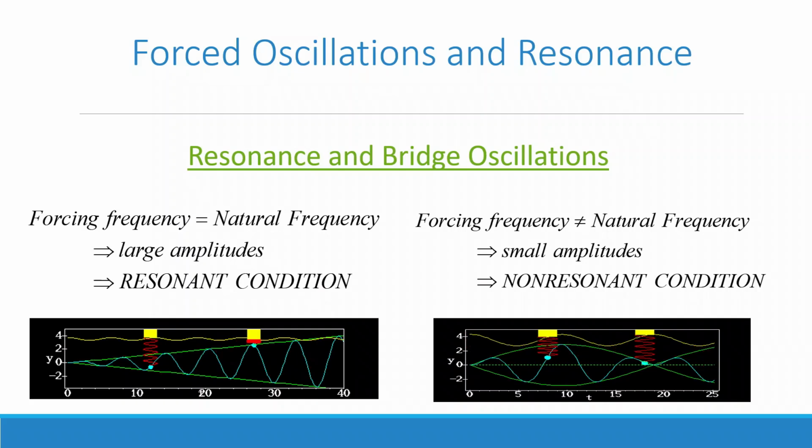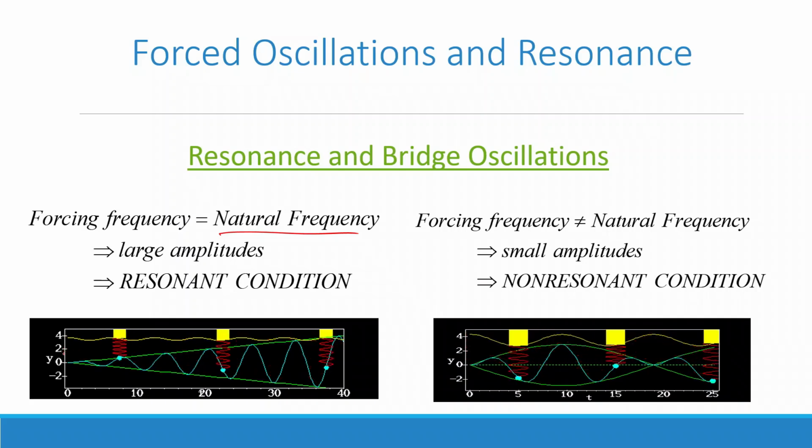If there is some sort of forcing, which means the oscillation is being caused by an external force, and that external force is applied in an oscillation at the natural frequency of the oscillator, you get larger and larger amplitudes over time.